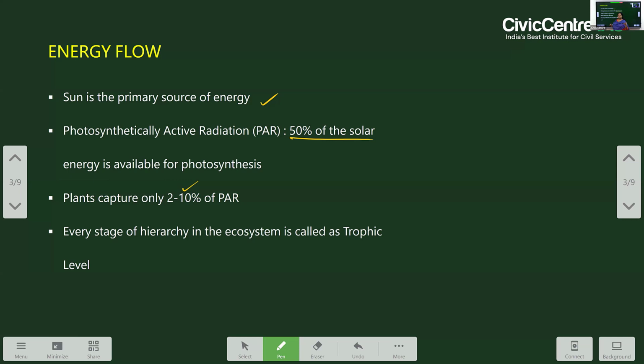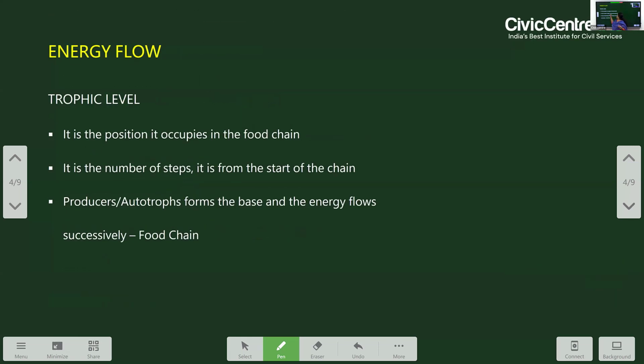And every stage of the hierarchy of the ecosystem is called a trophic level. Now let's understand what a trophic level is. Trophic level is the position an organism occupies in the food chain, and how many steps it is away from the base of the food chain defines the trophic level.